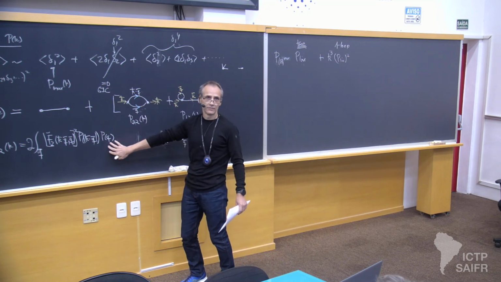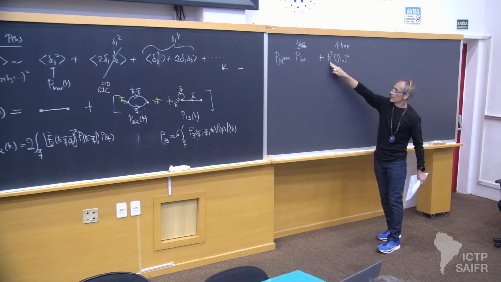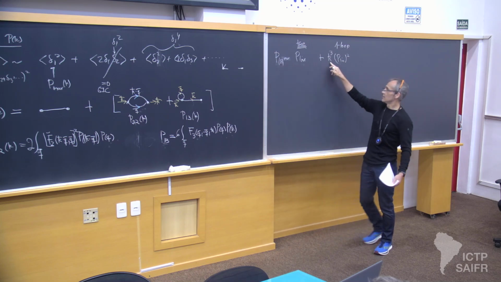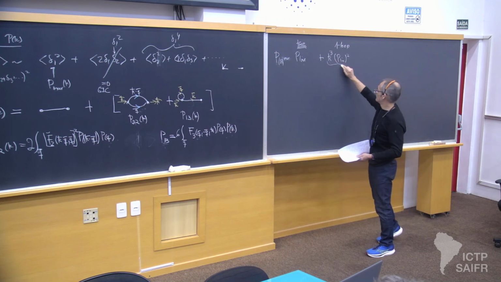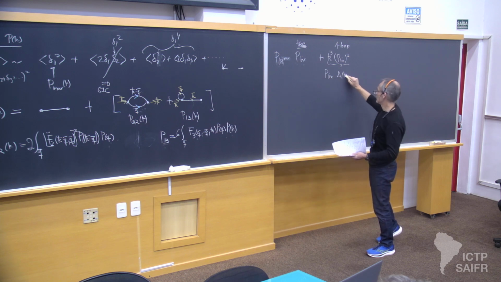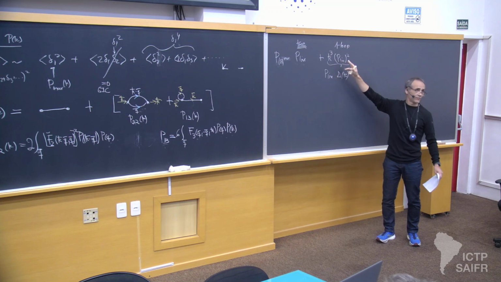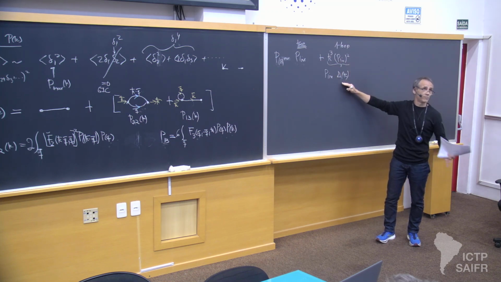Same thing here, so the counting will be 2 powers and a k cubed. k is the external momentum, the only thing you have in the problem, so this will scale dimensionally as k. So the one loop diagram is P linear times the dimensionless power. Remember the dimensionless power is k cubed P of k, which is a physical quantity that tells you how big the fluctuations are.